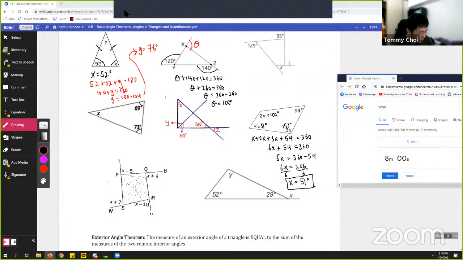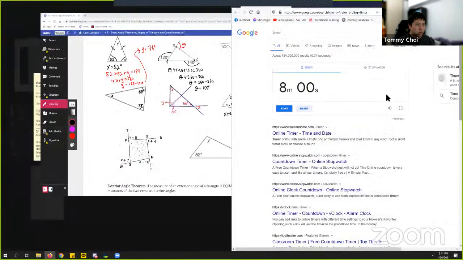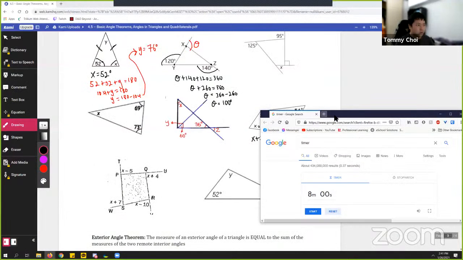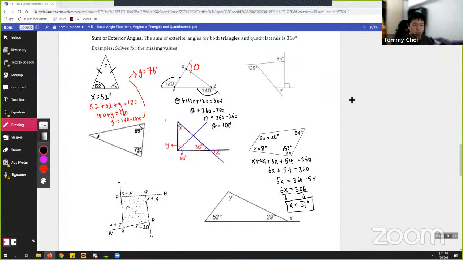Okay, you should be done. Let's take up our work here. Does anyone have the answer for this top right one here? What is x? For this one, all the exterior angles add to 360.